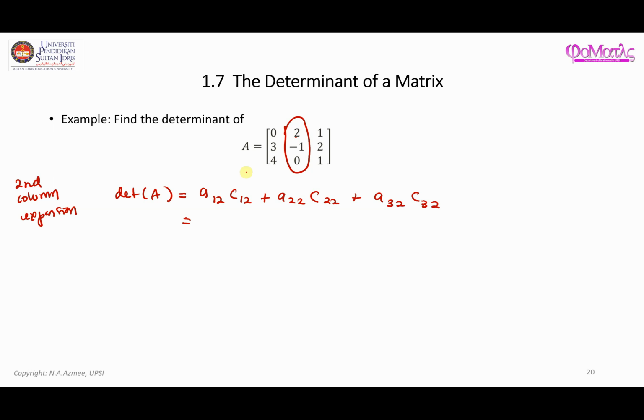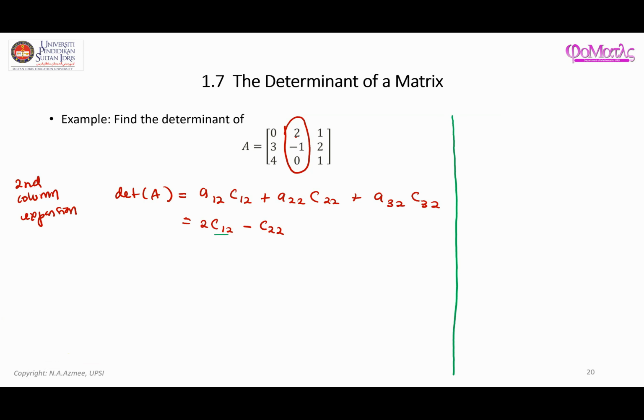And here we have 2 times C12 plus negative 1 times C22, or you can just write it as minus C22. The last term here is going to be 0. Now, what we need to do is find C12.